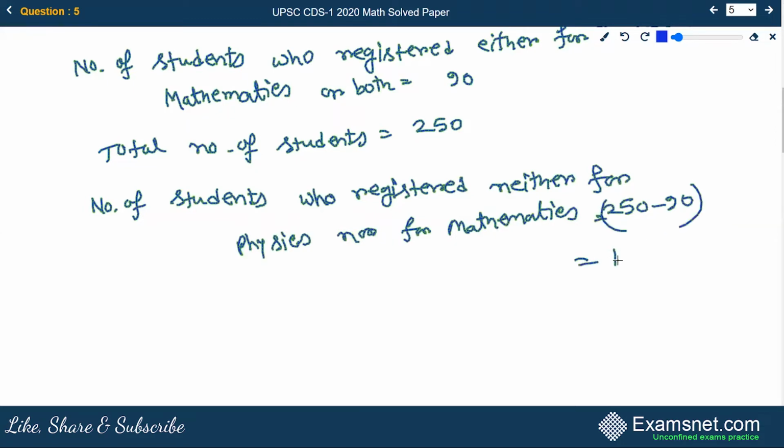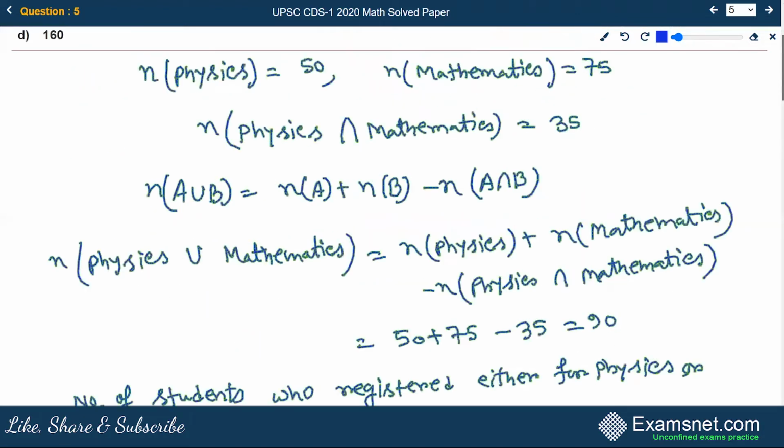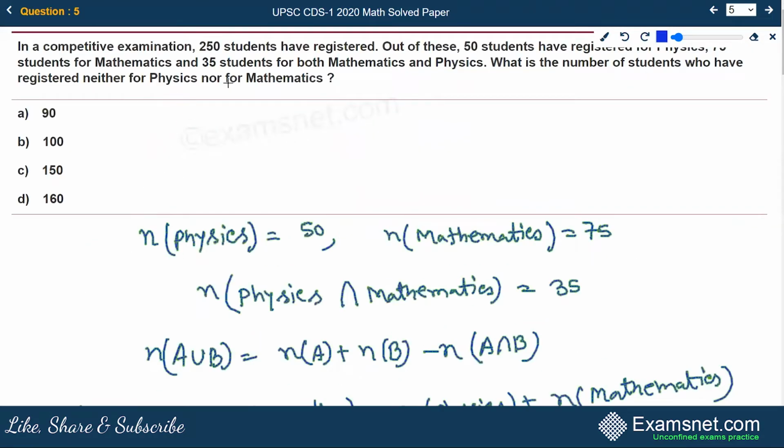So the answer is 160. The number of students who didn't register for physics nor for mathematics is 160. Option D is the correct answer here.